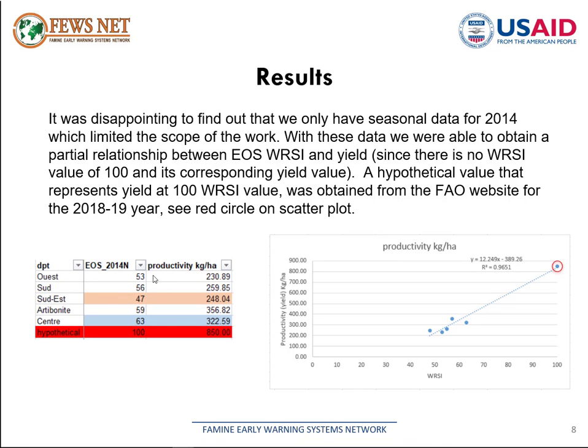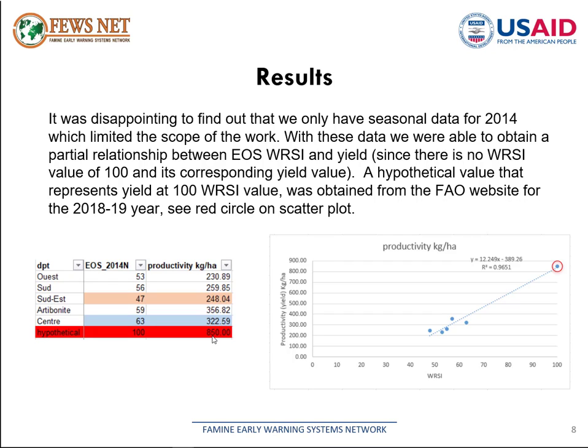Department, this is the WRSI value, and this is the yield data. And this value right here in red is a hypothetical value because Harry found that in a good year, that means that we are assuming that a 100 WRSI value could produce 850 kilograms per hectare.